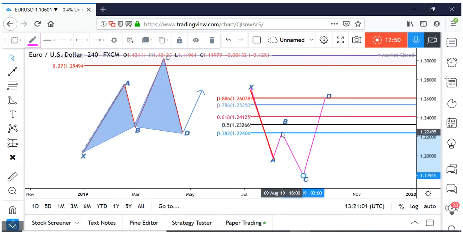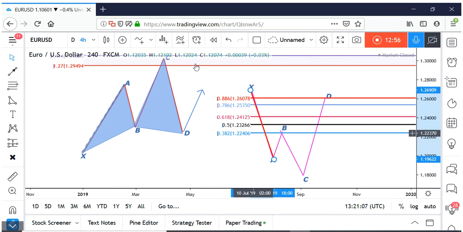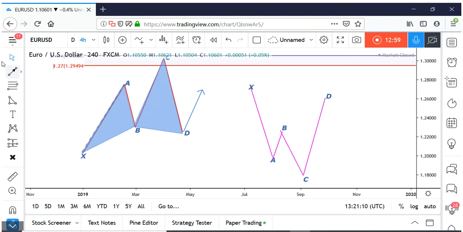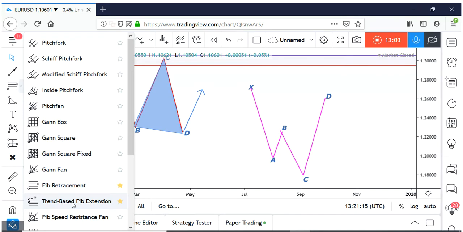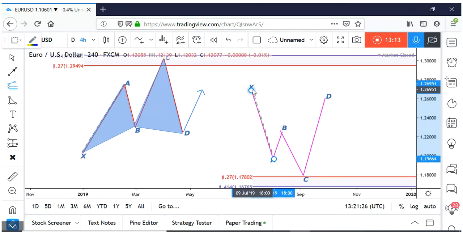So that's our B. Get rid of that. Then to get the C leg, we take the fib extension. We measure from X to A, back to X, and then we'll drop it there.